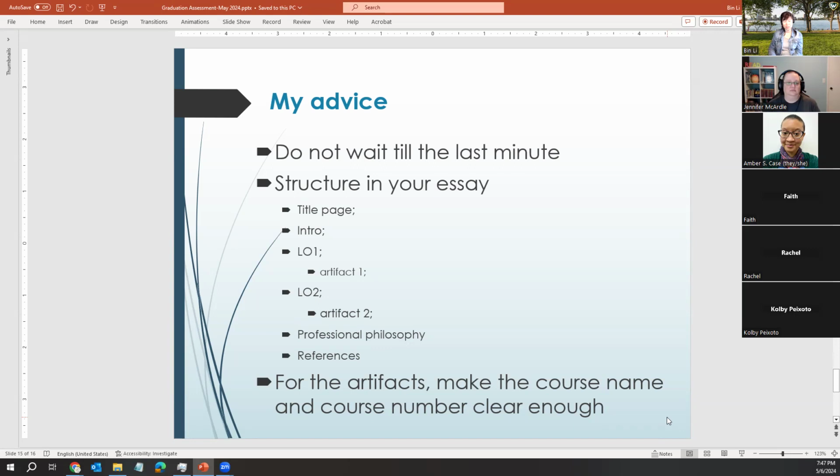So at least before the semester starts. And previously for the MLIS graduation assessment, students needed to get the learning outcome to write about from the school.